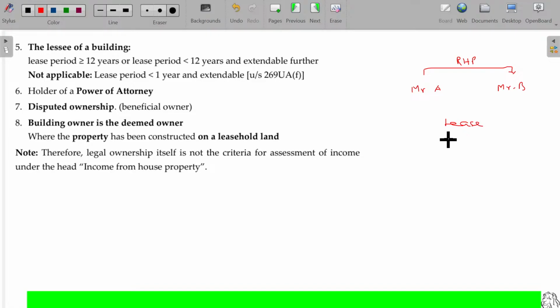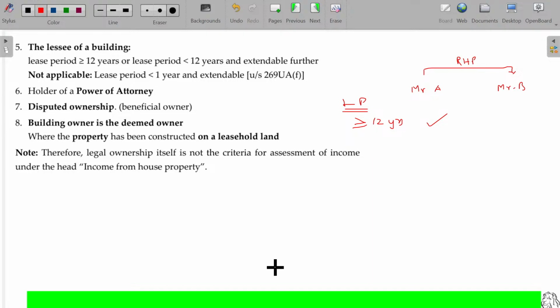Lease for how many years? Lease for more than 12 years. Lease period being more than 12 years. Then who is the deemed owner? Mr. A being the deemed owner.